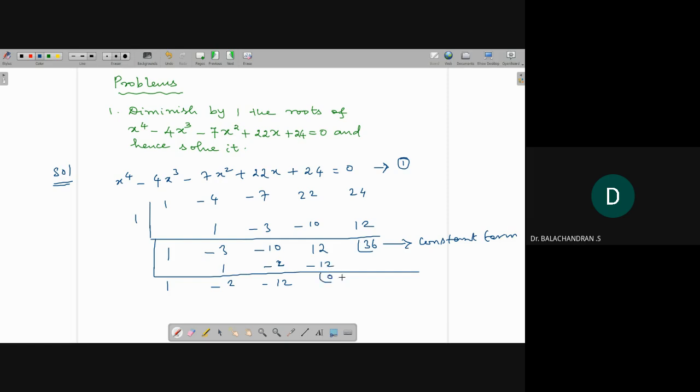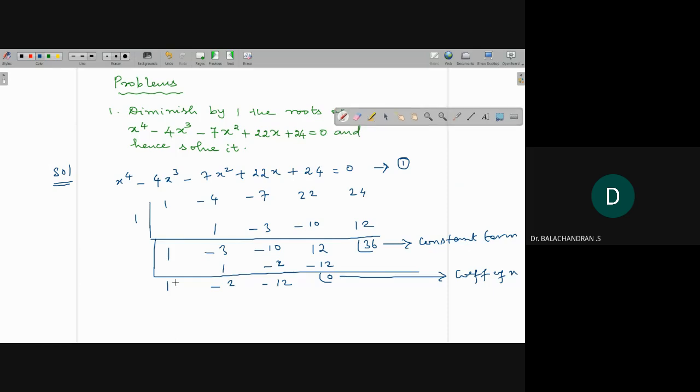This is the coefficient of x. Next, you write 1 here, and then 1, minus 1. Okay, minus 1, minus 13. This is the coefficient of x square.